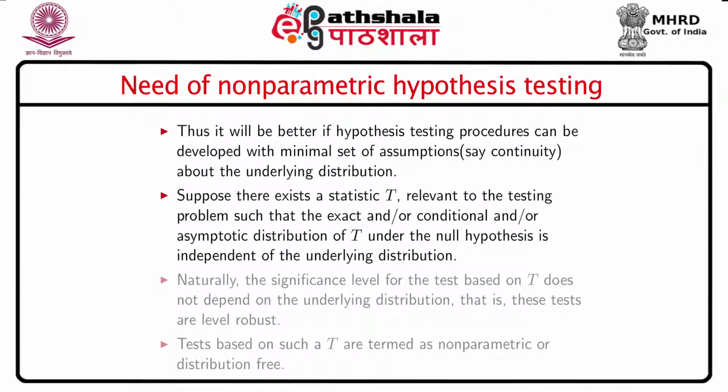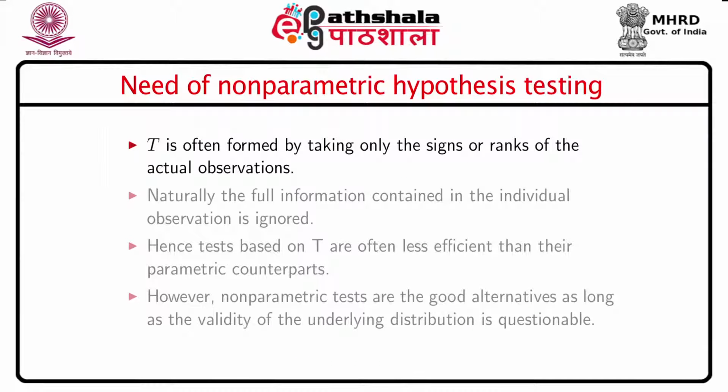Suppose there exists a statistic T relevant to the testing problem such that the exact, or conditional, or asymptotic distribution of T under the null hypothesis is independent of the underlying distribution. Naturally, the significance level for the test based on T does not depend on the underlying distribution. That is, these tests are level robust. Tests based on such a T are termed non-parametric or distribution free.